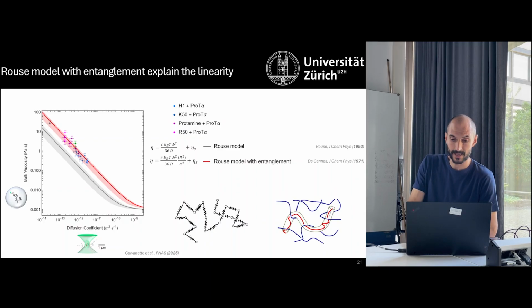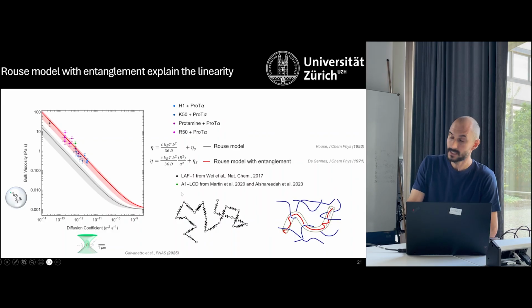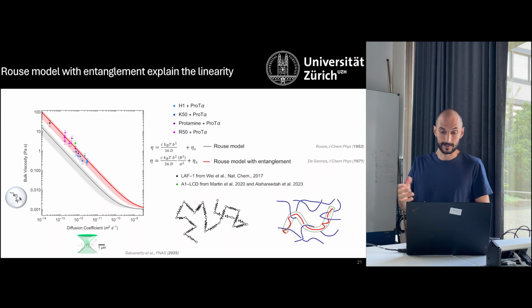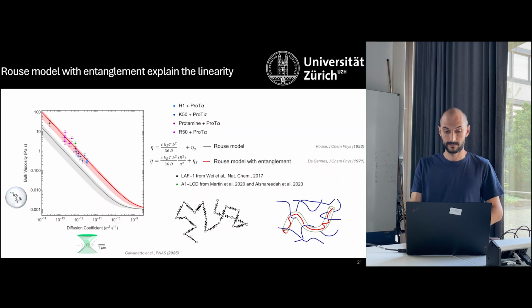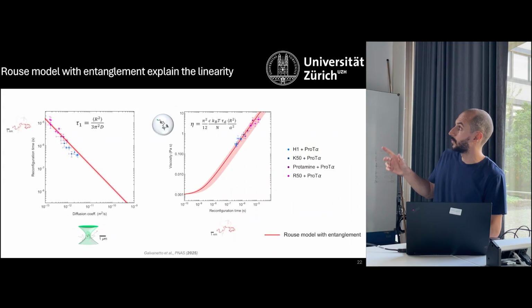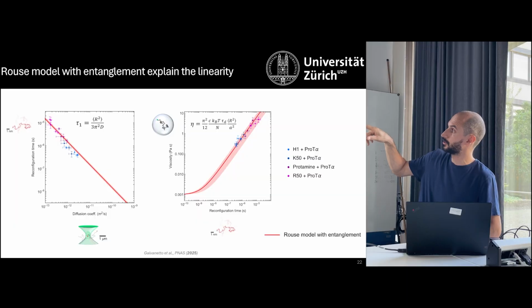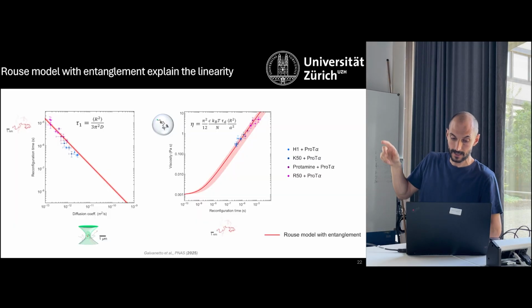And I think this is quite amazing, especially because these are not only my points, but you see here that there is a black and a green point, and those are data points that I didn't collect. I found them from the literature for LAF1 and A1 LCD. So I was in a way very happy and surprised by this. These relations, by the way, also work in terms of diffusion coefficient and reconfiguration time, and reconfiguration time versus viscosity.